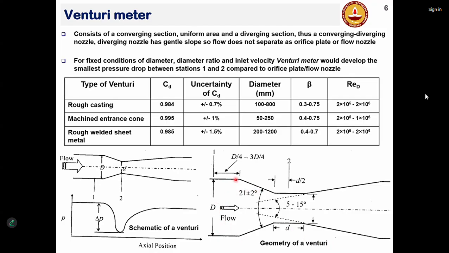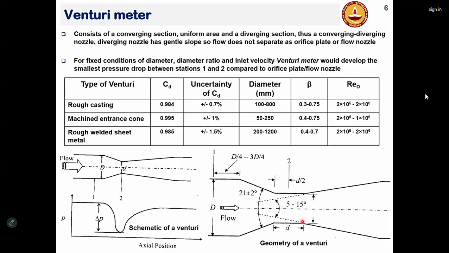And then it slowly tapers at about 21 degrees plus minus 2 degrees to a throat diameter, which is d. And the length of this horizontal section is same as the throat diameter d. And then there is a slow diverging angle, 5 to 15 degrees.